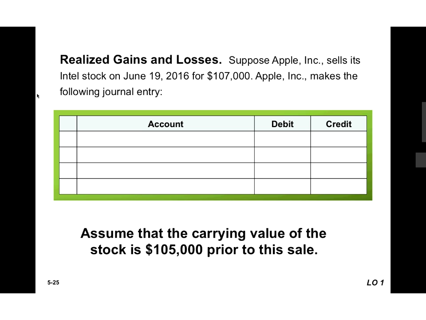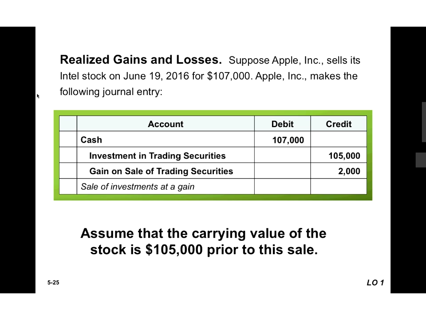Apple sells its Intel stock for $107,000. So what's happening there is they're getting cash for $107,000. They're going to credit their investment for $105,000 because that's what they've got on their books. So the difference to make our debits equal our credits is $2,000, and that's going to be gain on sale of trading securities. The reason that says gain and not unrealized gain is because we've actually sold it.